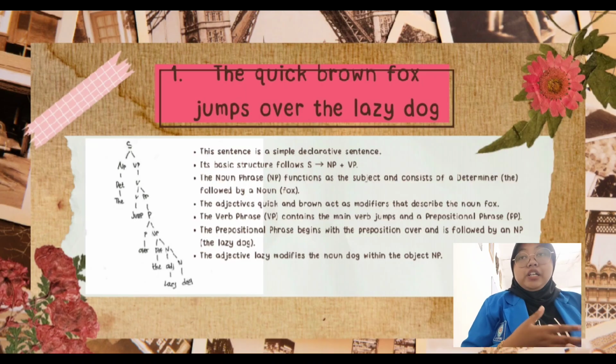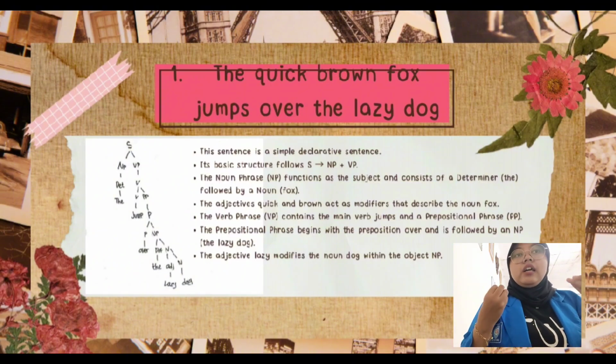The noun phrase functions as the subject and consists of the determiner, the adjectives quick and brown, and the noun fox. The verb phrase contains the main verb jumps and a prepositional phrase over the lazy dog. The adjective lazy modifies the noun dog inside the object noun phrase. This example clearly shows how modifiers are organized within noun phrases.